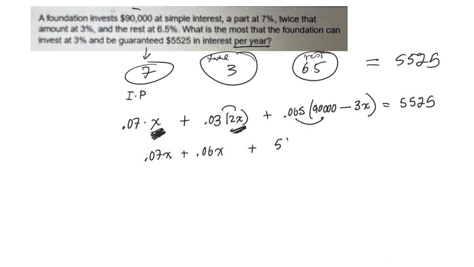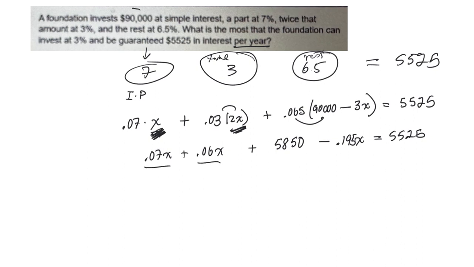So this is 5850. And then 0.065 times 3 is 0.195, minus 0.195x equals 5525.